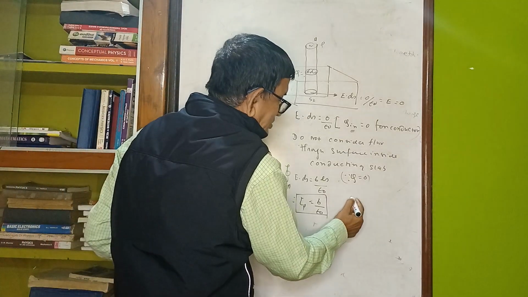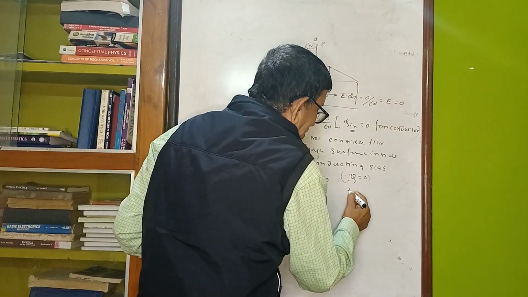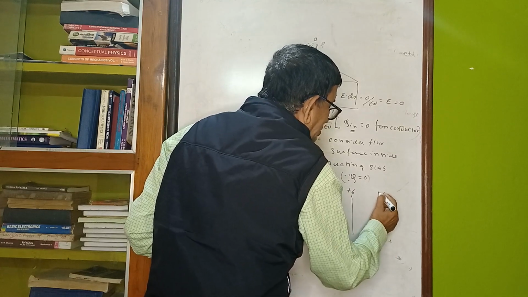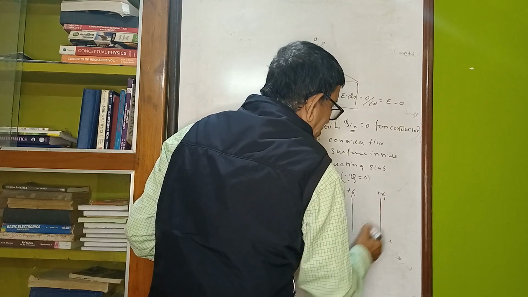Another one: if you consider two plates, one is plus sigma and the other is minus sigma, or you consider sigma 1 and sigma 2.